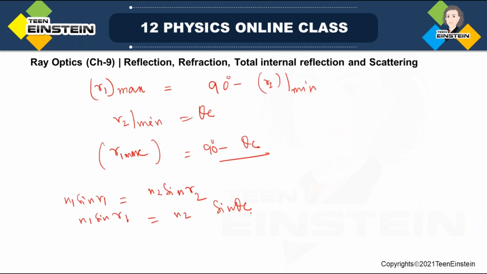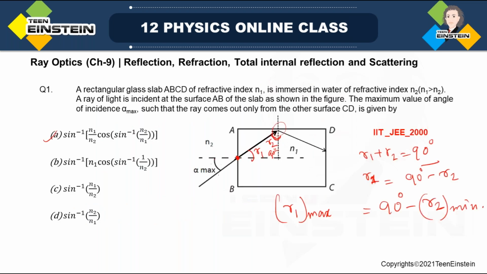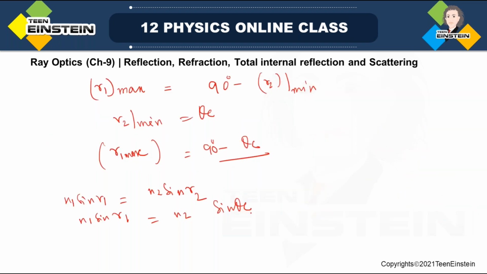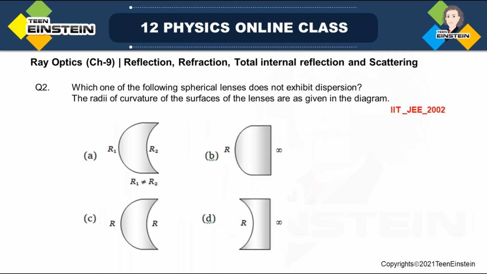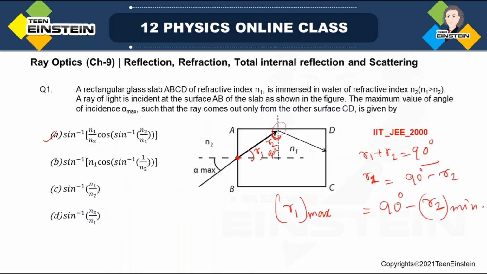We'll see we have to actually reach up to the angle of alpha. So sine r1 is how much? Sine r1 means here this, and that can be replaced by this.